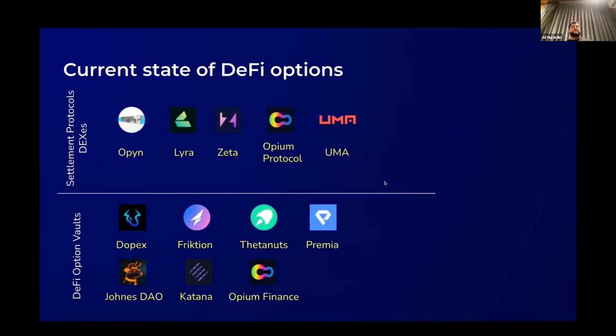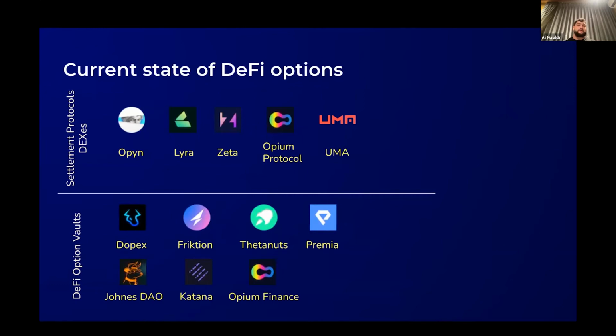So what's the current state of DeFi options? To more easily describe the current state, I separated the top 10 protocols on DeFi Llama into 2 categories: settlement protocols and DEXs, and DeFi options vaults, which became popular recently.